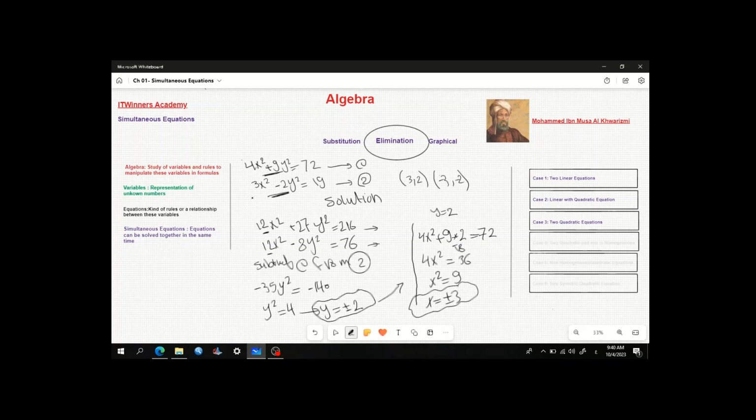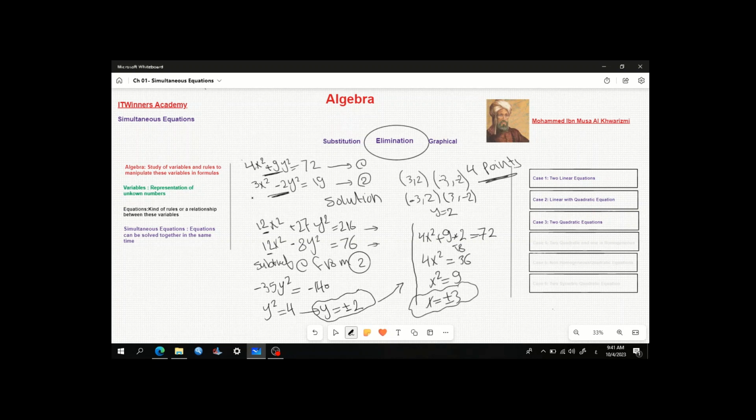But in fact, I don't have only these 2 points. I have 4 points. So I can write that I have also (-3, 2) and (3, -2). So now I have 4 points of intersection.